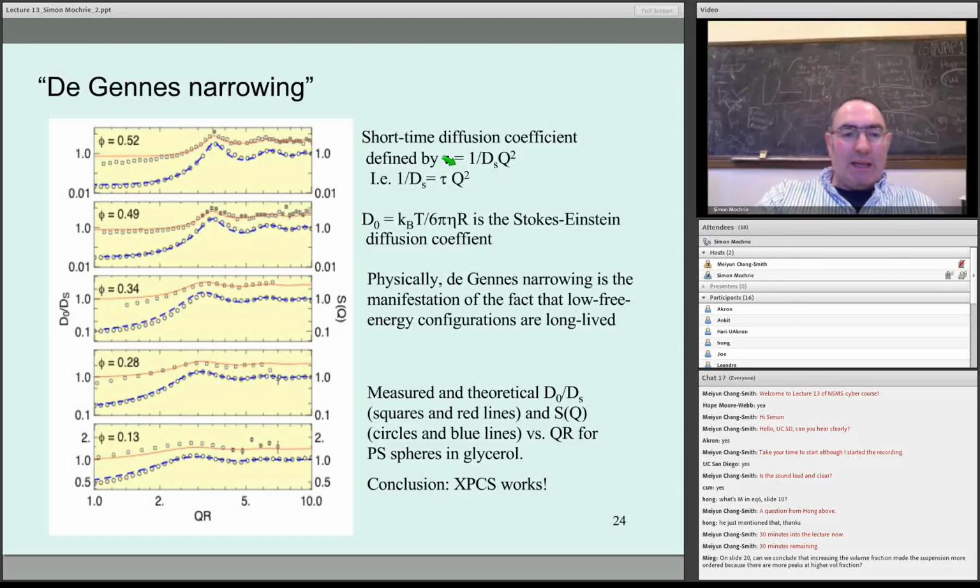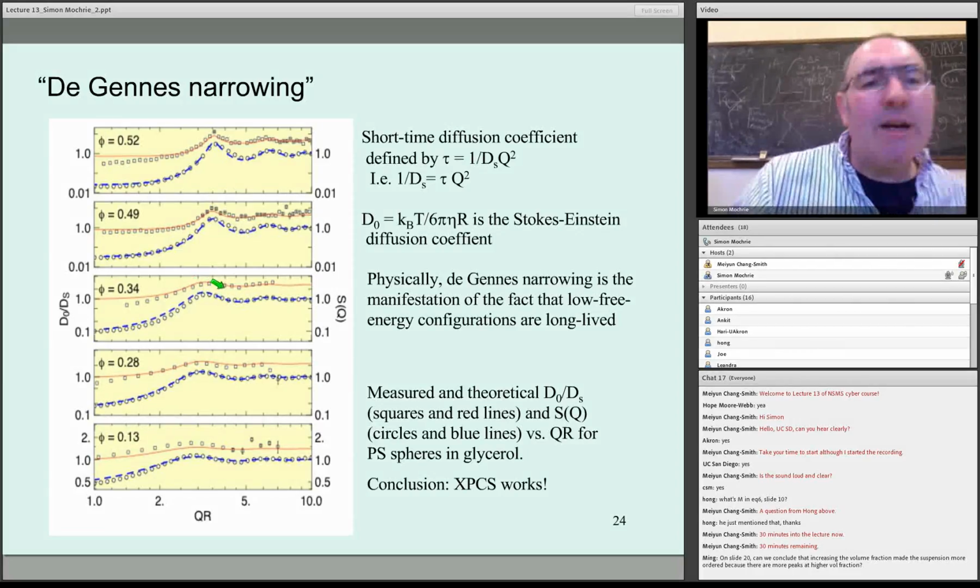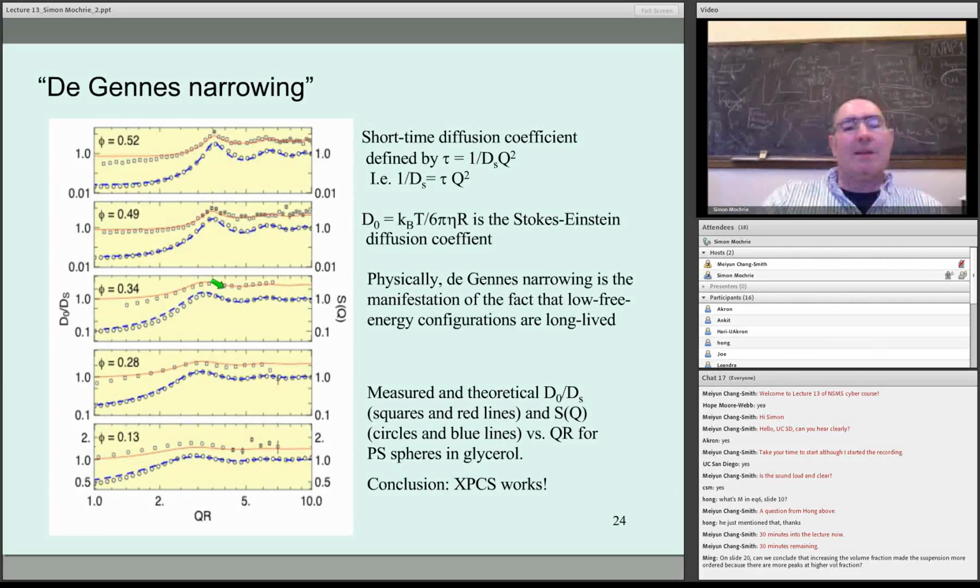So really, these data, which are plotted as the squares, and the red line, those are effectively time scales, relaxation times, and they're compared to the same structure factors that I showed you previously, which are these circles and blue lines.